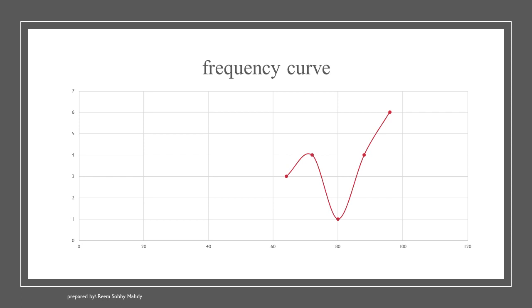So again, at last, there are two types of data: qualitative data and quantitative data. For the qualitative data, nominal or ordinal, we can present our data by using two types of charts: bar charts and pie charts.